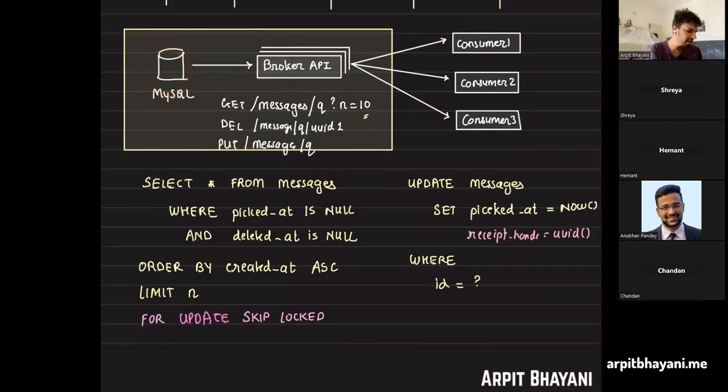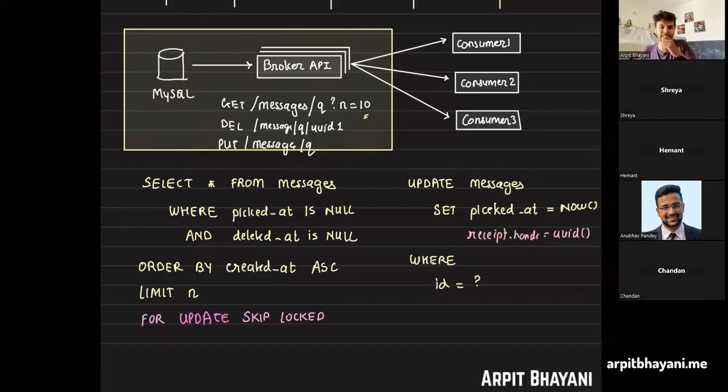What I need is a bunch of servers that expose APIs to get the message, to delete the message, and to put the message. This is what will be consumed by the SQS consumers that we typically write. We will expose HTTP endpoints that do this part.